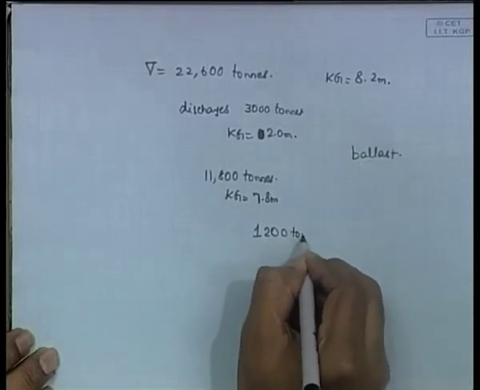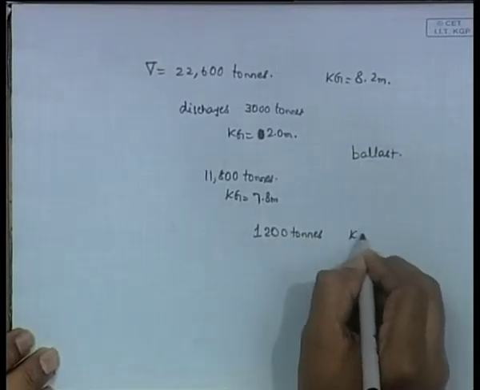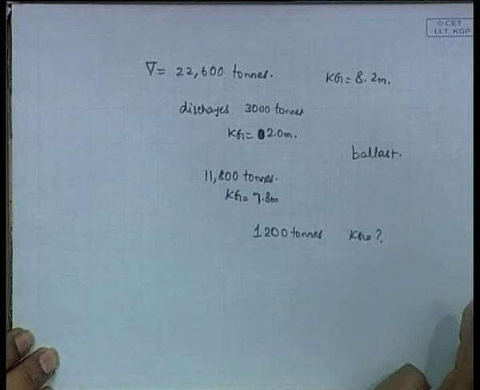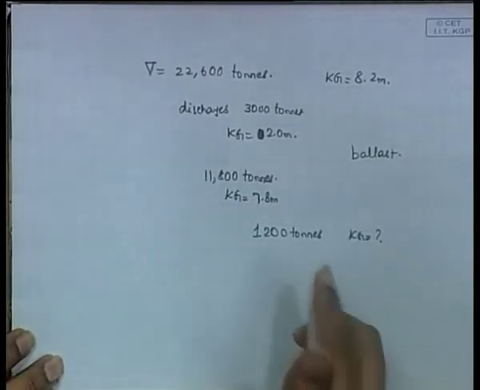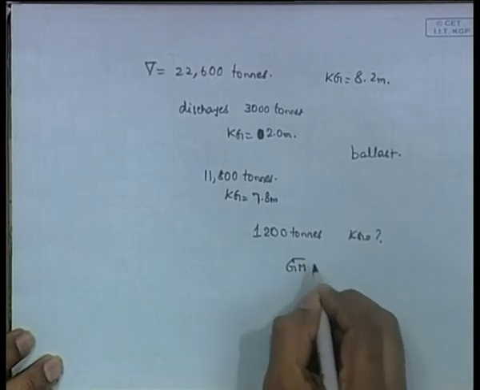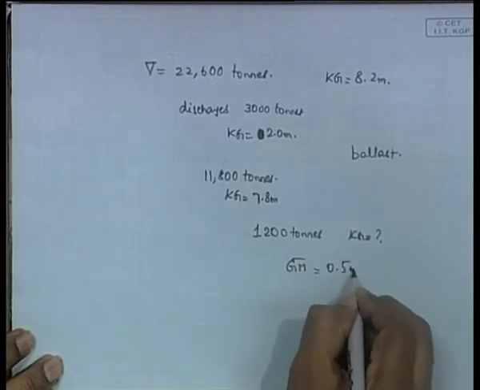Now you are told that you need to add a further 1,200 tons somewhere, with a KG of something. This is what you have to find, and you are told that GM has to be at least 0.5 meter.